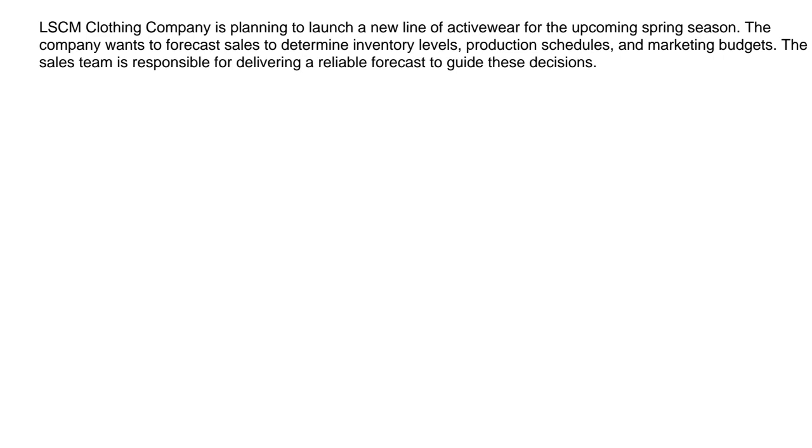Following the launch of the new line of activewear, the company decides that forecasting for more than a year might be less reliable, but a 6-month mark may allow them to track performance post-launch and understand where they need to adjust any future forecasting. So from a time horizon perspective, it will be short term.